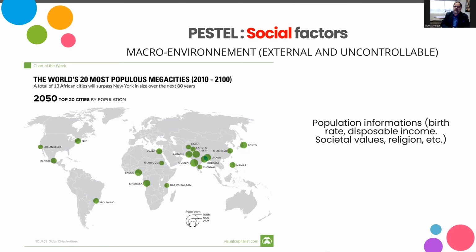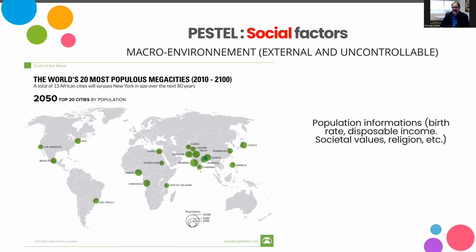Another social factor, of course, is the movement of people. We have a lot of people leaving the rural environment and moving to very urban areas. This is an opportunity, of course, for businesses that operate within cities. And of course, it's a threat otherwise. What you can see here is the variation in this PowerPoint of the 20 most populous megacities over the course of the next 80 years.